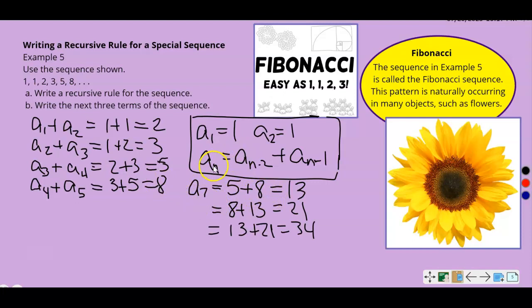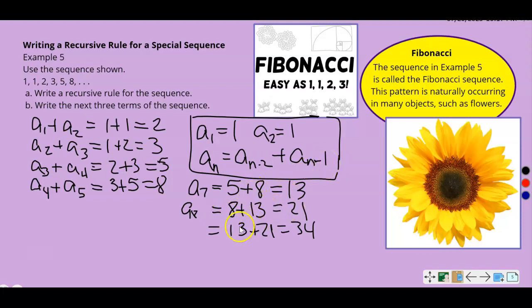So what did I do? When I have a 7 here, I do 7 minus 2, which is 5. So that means my fifth term. And then n minus 1, 7 minus 1 is 6, my sixth term. So my fifth term and my sixth term added together equals 13. And then for the next one, a sub 8. 8 minus 2 is 6, so my sixth term plus my seventh term, n minus 1 would be 7.